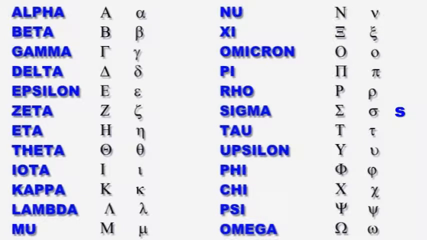Remember in the fairy tale? Okay, so that's spelled out P-H-I. Then you have chi, and that's spelled out C-H-I. And then you have psi, and that's spelled out P-S-I, the P is silent, and then you have omega, and that's spelled out O-M-E-G-A. Now, let's look at the capital versions of these letters.